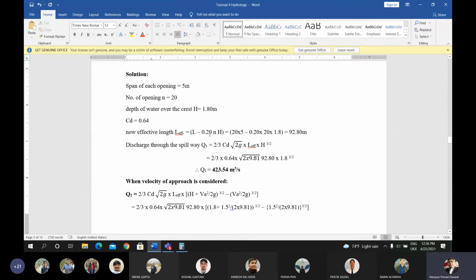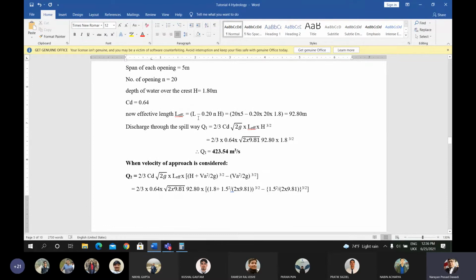The number of end contractions with respect to the head over the crest is considered for determining the effective length. Okay, total width minus 0.20 times n into H, that value must be deducted from the total width of the spillway crest. Okay, you can use it in this way.